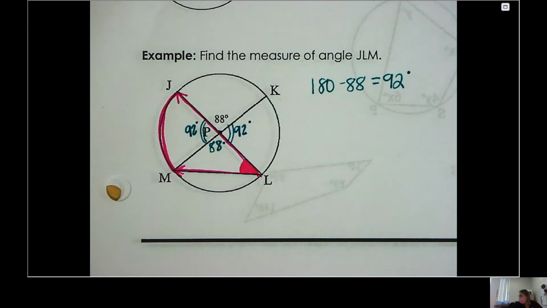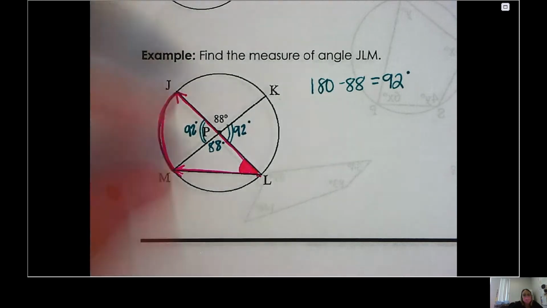But now what? Divide what by 2? Why would I do that? Add what? Well, if I add them all together, what am I going to get? 360. Does that really help me get this little piece though?